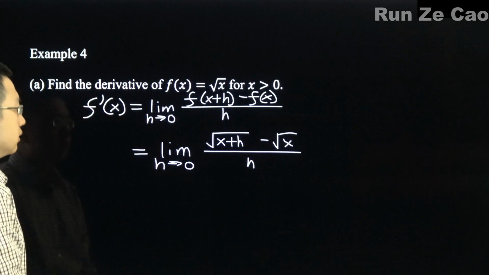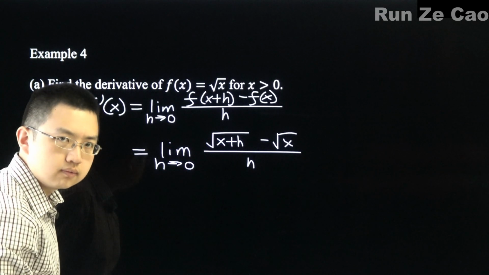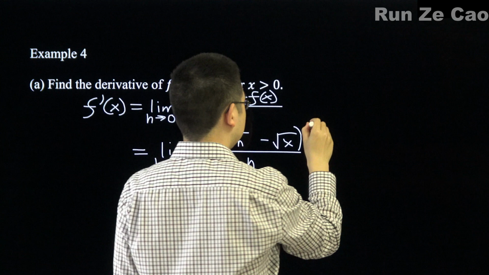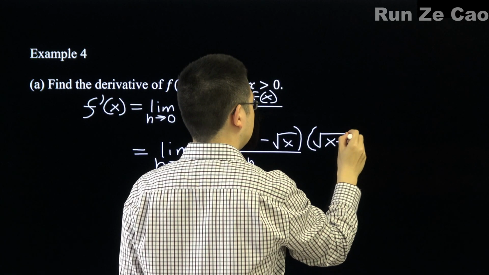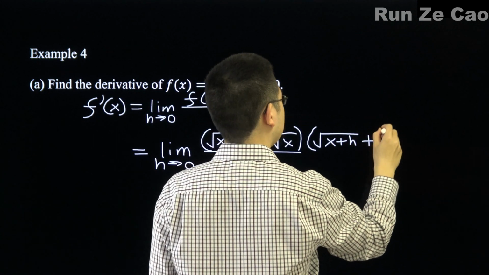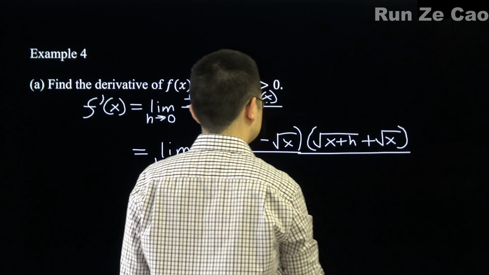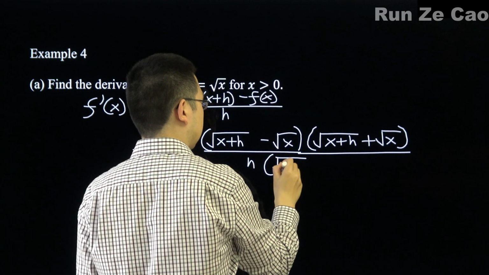Okay, wait a second. What's one way we can get rid of all these radicals? Well, we can perhaps multiply by root x plus h plus root x. And down here, we can multiply by the exact same thing.